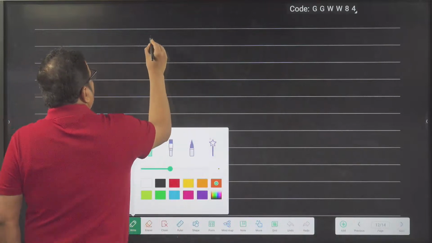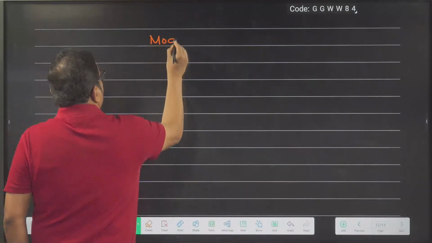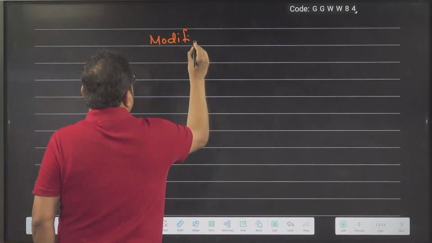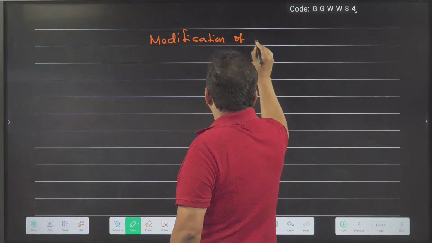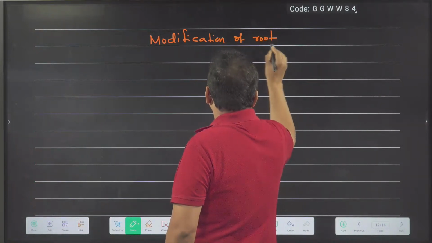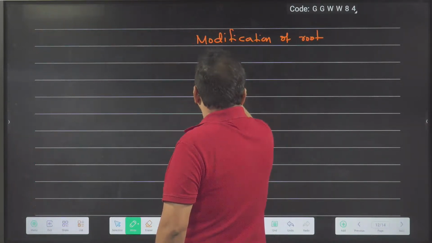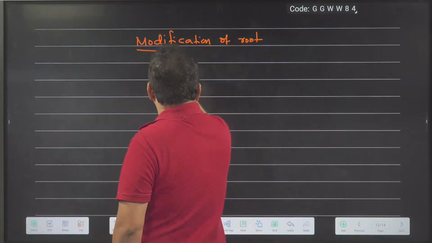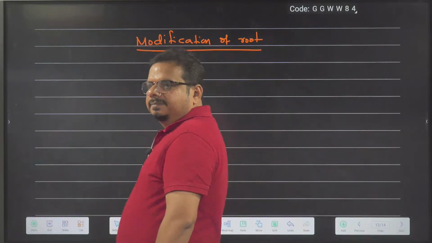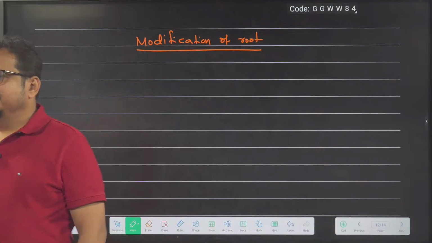So now we are going to talk about modification of root. Right? See the things.